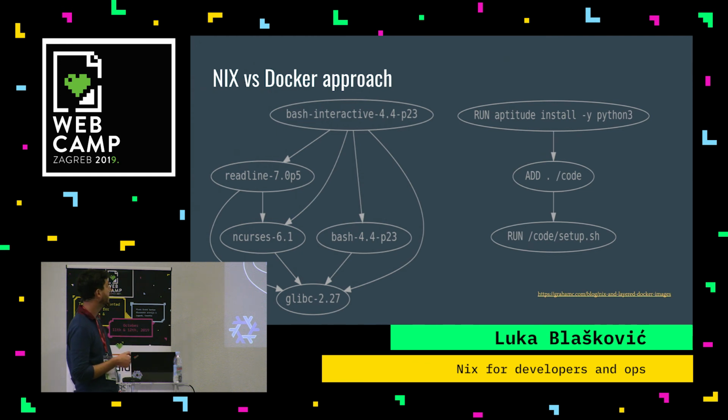So if we change something in this graph, all the dependents will be rebuilt. So if we change readline, then ncurses will be rebuilt from scratch because a dependency changed. But the top level dependency won't, because it's not dependent on readline.